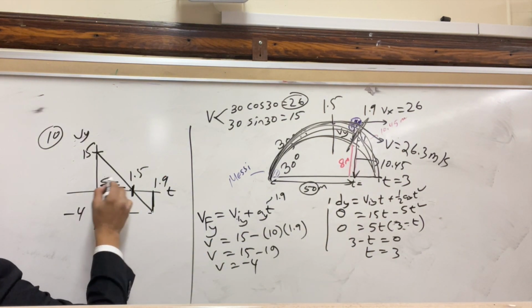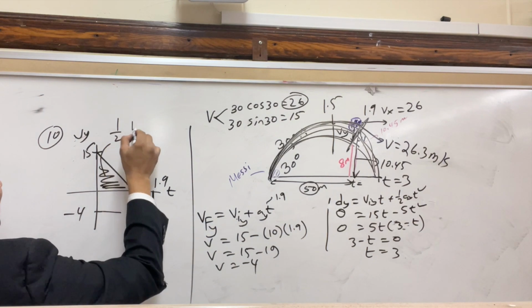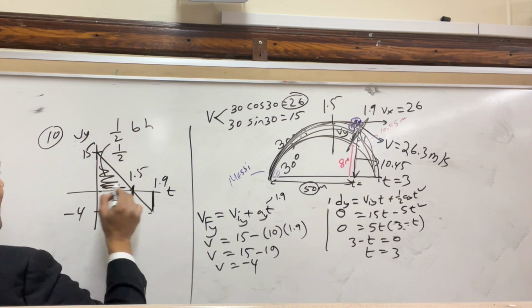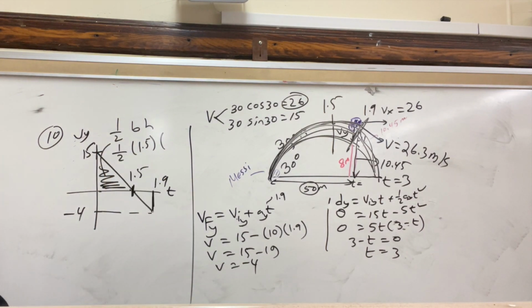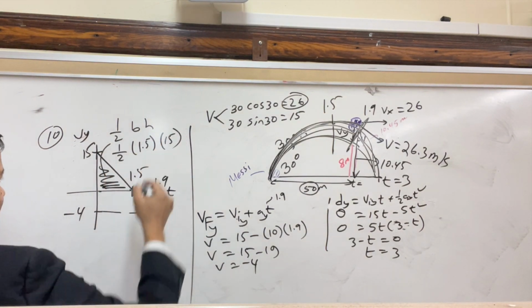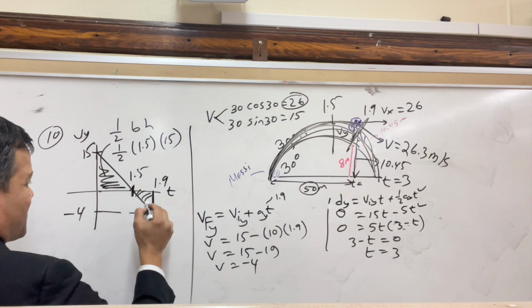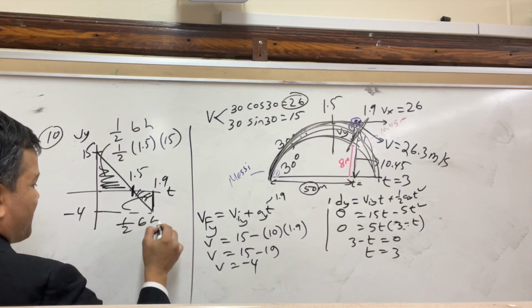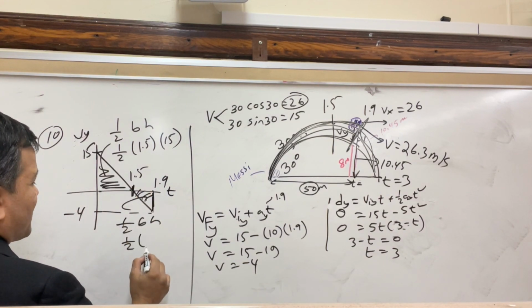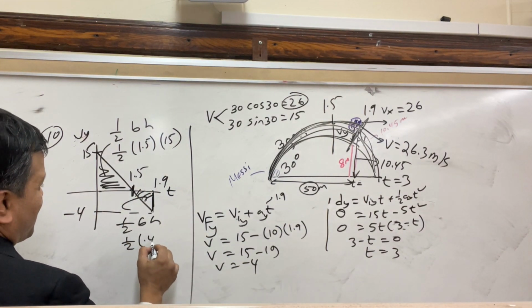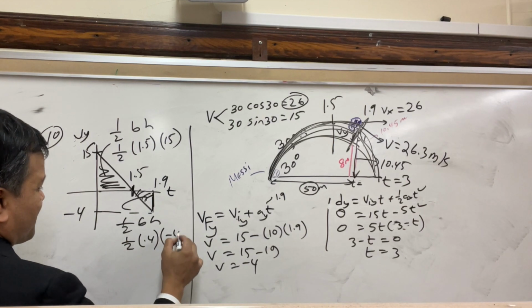So let's find this one. It is half base times height. So half base is 1.5 and height is of course 15. And this one, of course, again half base times height. The base is 1.9 minus 1.5, so that will be 0.4, and this is minus 4.